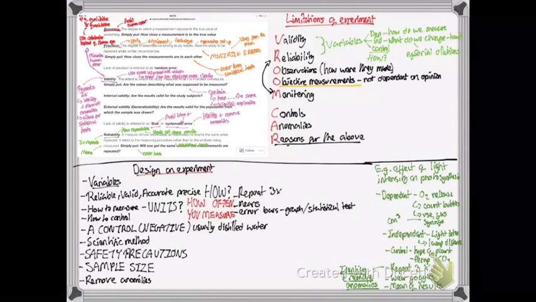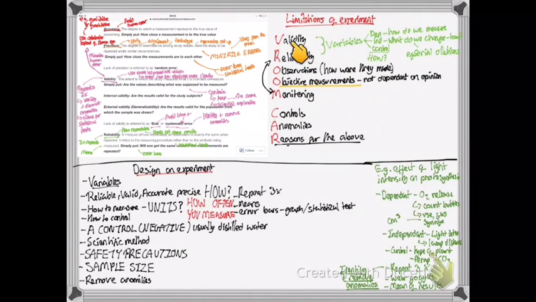Really be thorough. And when I'm looking at this question, say it's a 5 or 6 marker, I think you're definitely going to be hitting marks for validity, reliability. You'll hit a mark for each variable you mention. Talking about these observations, I'm pretty sure you're going to be hitting a mark there.